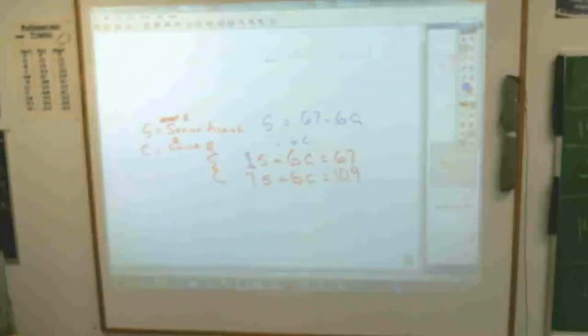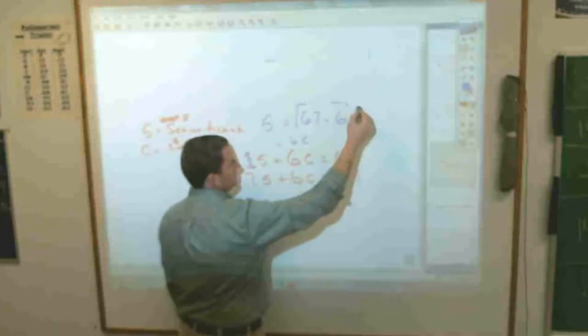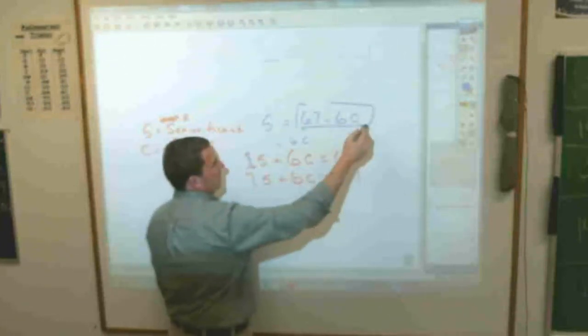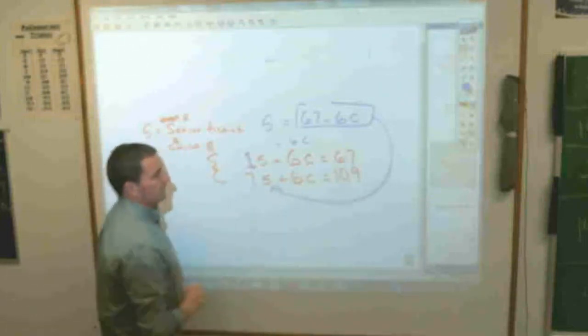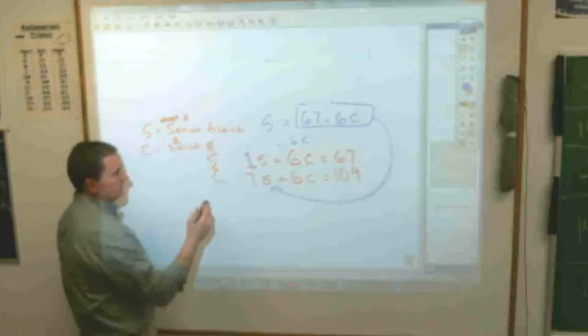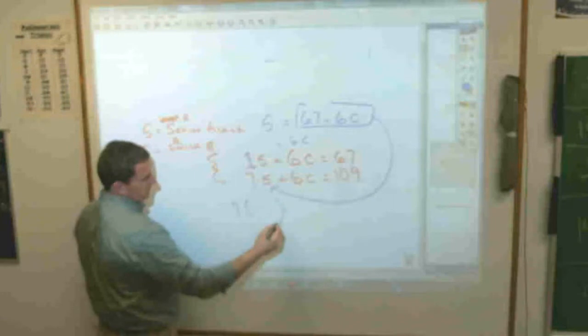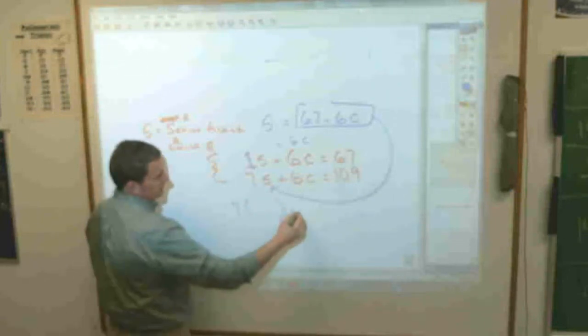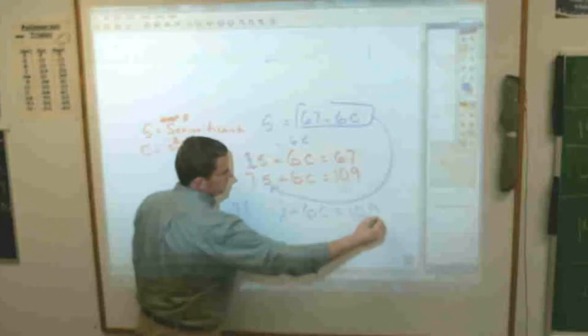And then I can use substitution because I can put this in for the letter S right here and figure out what the letter C is going to be. Ready for that? Sure, why not? 7 times what S is plus 6C equals 109.